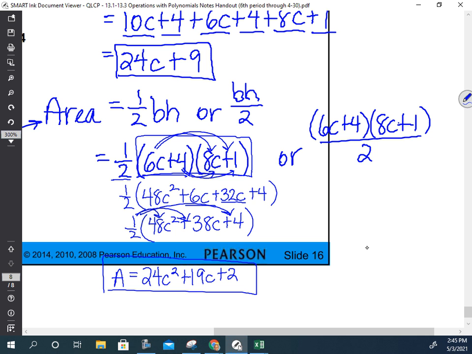Now, for 6c plus 4 times 8c plus 1 divided by 2, since it's set up as a division problem, we need to take care of the top first. So we've already multiplied out the top in the first way that we solved it. So we know that the top is 48c squared plus 38c plus 4.